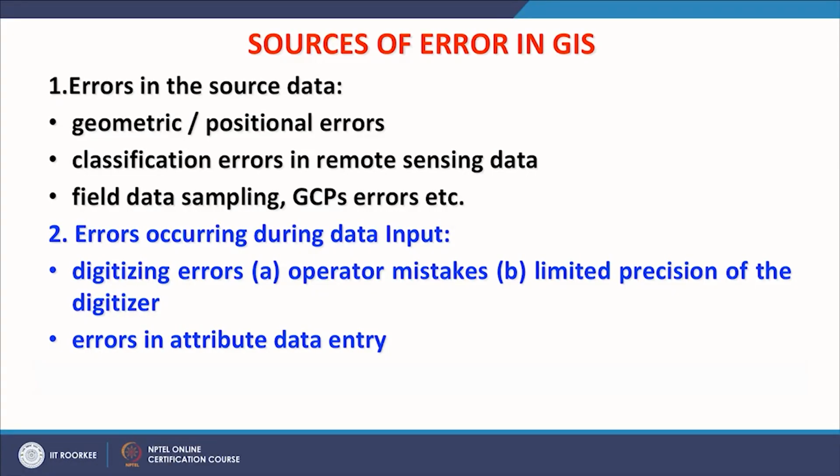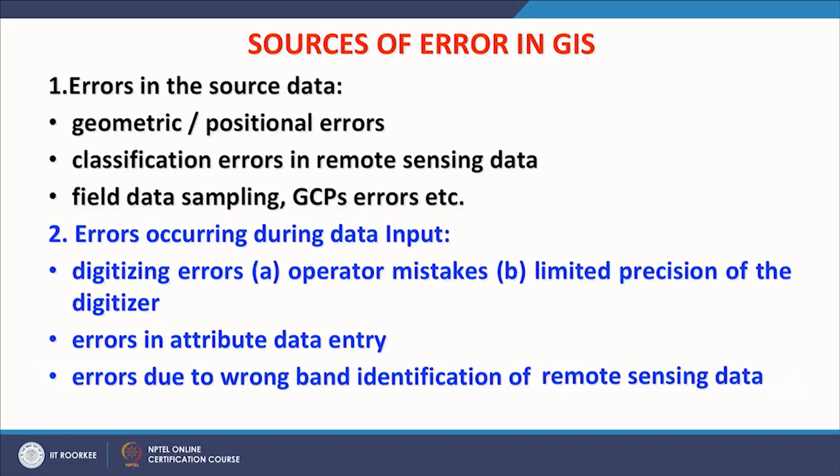Errors in attribute data entry: when we key in the data using the keyboard, instead of typing, say, 1000, we may type 100 or maybe 10,000, and that will be an error. Now, errors due to wrong band identification of remote sensing data. This happens many times because now we are not talking about 3 or 4 bands, we are talking about 36 bands, 38 bands, and even in hyperspectral remote sensing, 256 bands.